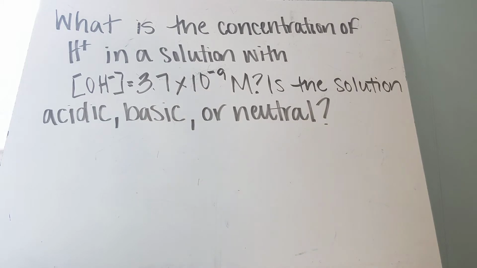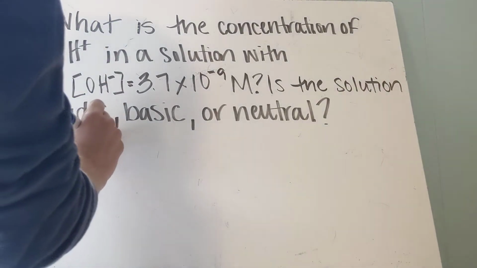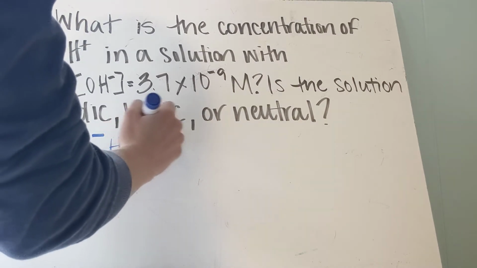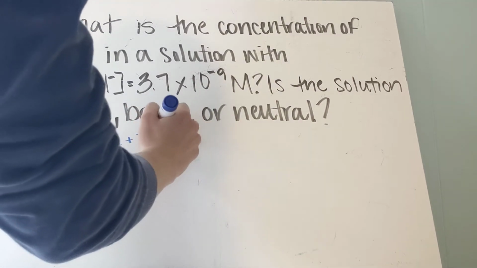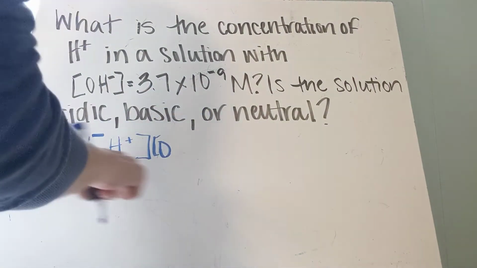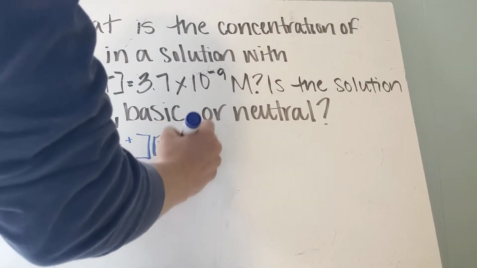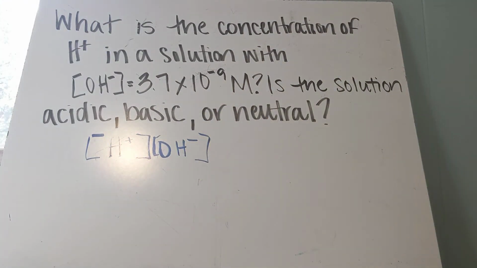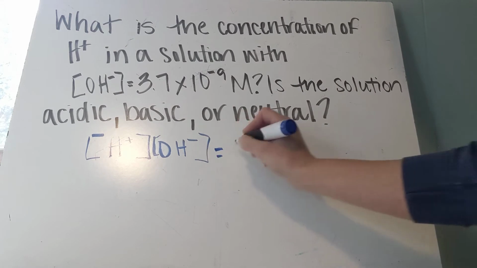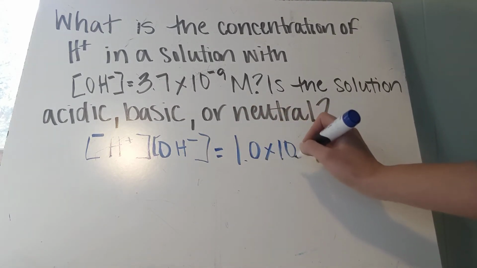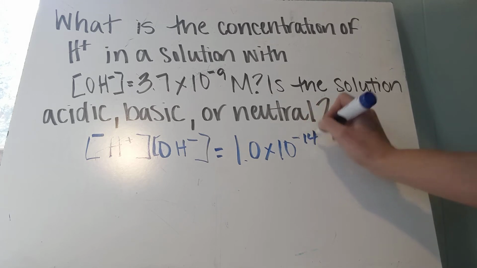We're going to use that formula where we have H plus multiplied by OH minus, and remember these are concentrations. So the concentration of H plus multiplied by the concentration of OH minus is equal to 1.0 times 10 to the negative 14th.